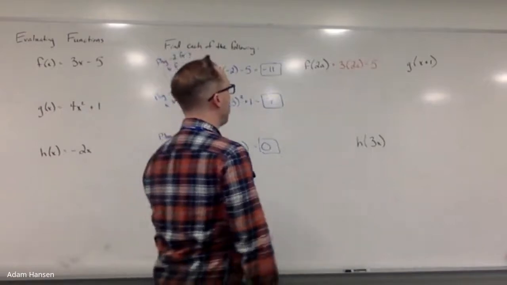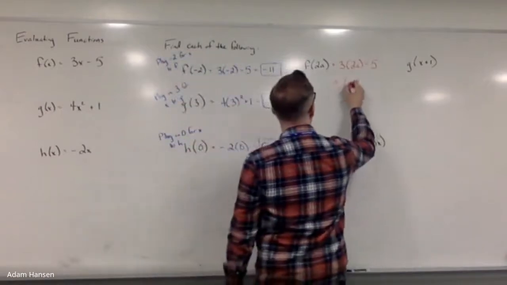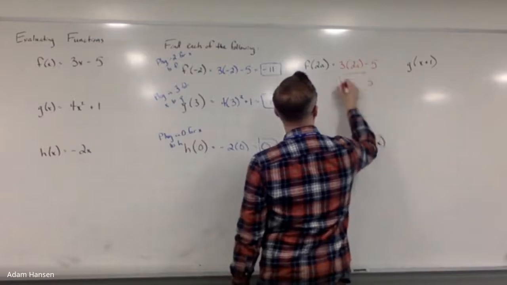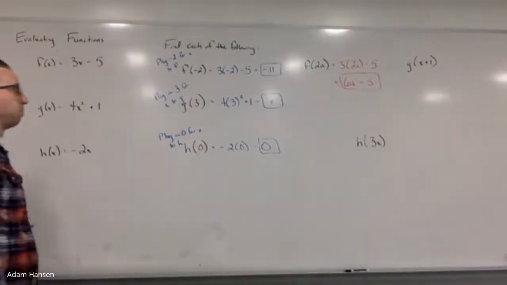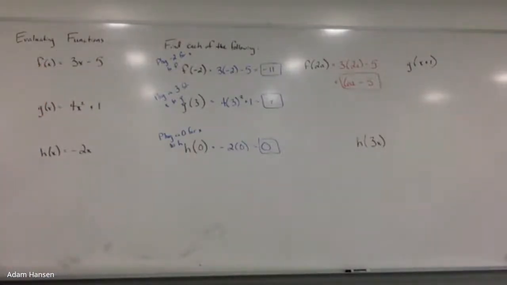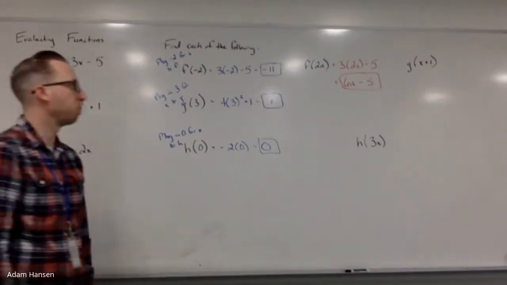Three times 2a is 6a. So 6a minus 5. F of 2a is given by the expression 6a minus 5. Once I plugged in 2a for x, for function f of x, I got 6a minus 5.